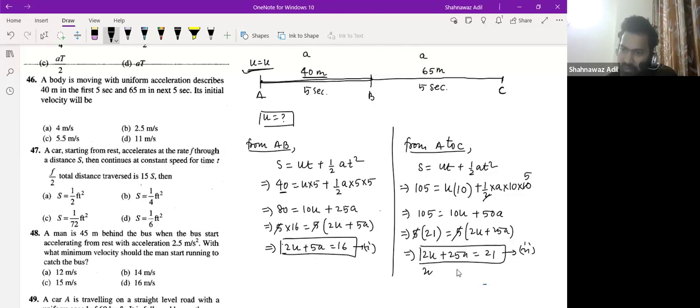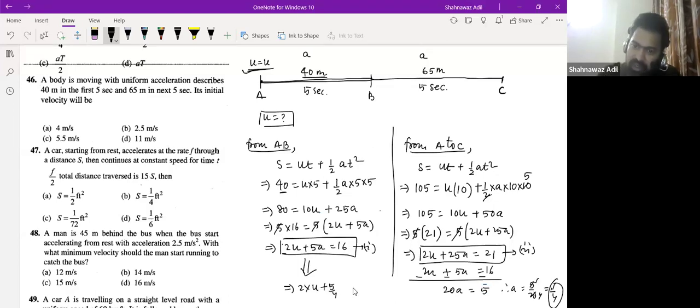This is 2u plus 5a equals 16. Subtracting these two, this one will cancel. So I will have 20a equals 5. So a is 5 by 20, which is 1 by 4. Putting this value in equation first, 2u plus 5 by 4 is 16.